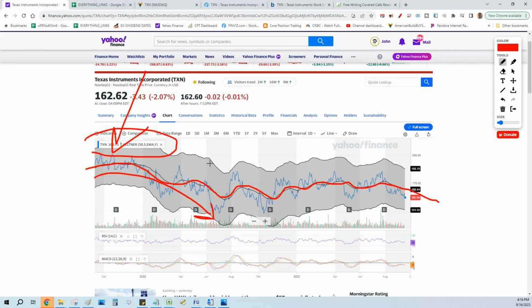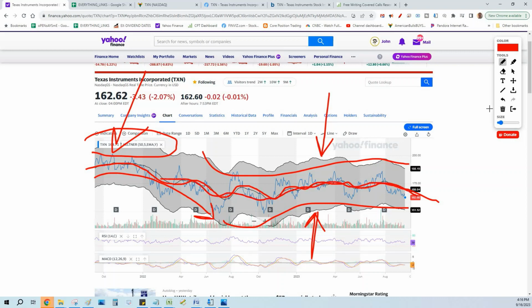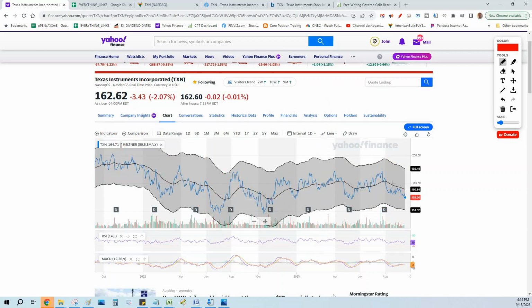So when we bring up the Keltner channel and we use the default settings in Yahoo, you can see where these borders are, right? You can see this is the top side of its trading range and this is going to be the bottom side. So with that middle already in place, what do you think I'm going to say? I'll tell you what I'm going to say. I want to get involved every time it's at the bottom of that middle line.